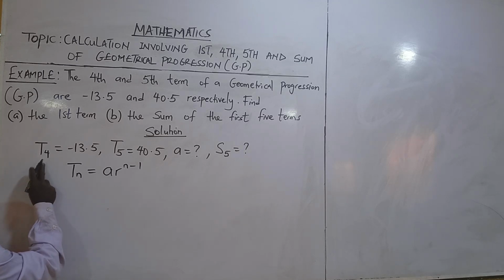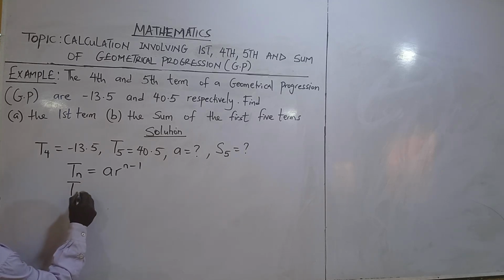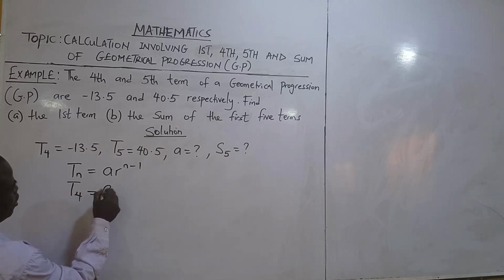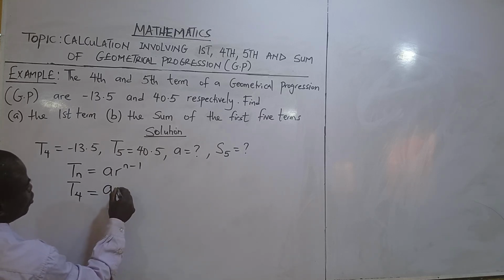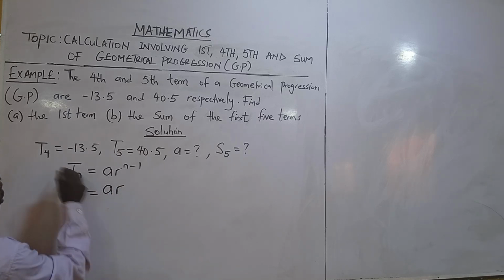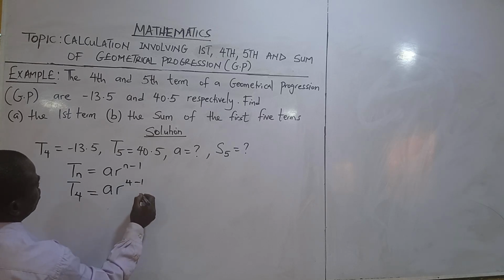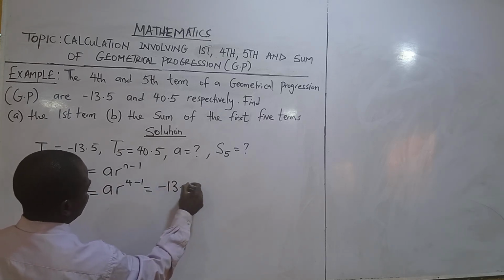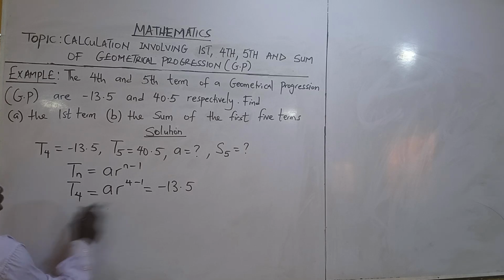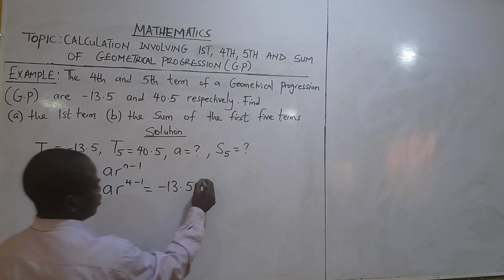For T4, let's write the equation. We don't have the first term, we don't have the common ratio. A r raised to power 4 minus 1 equals minus 13.5. By the time you equate it to minus 13.5, you don't need to repeat T4 again.